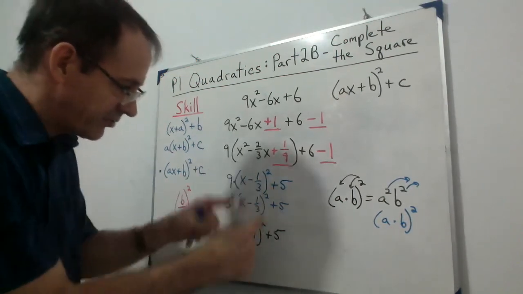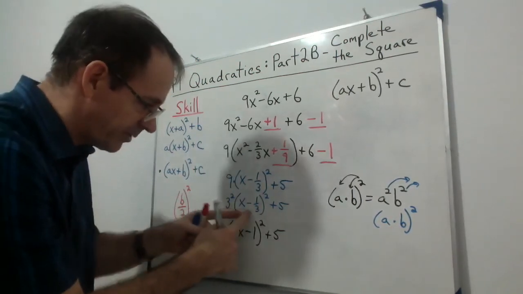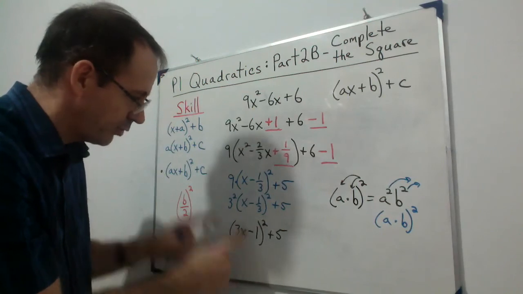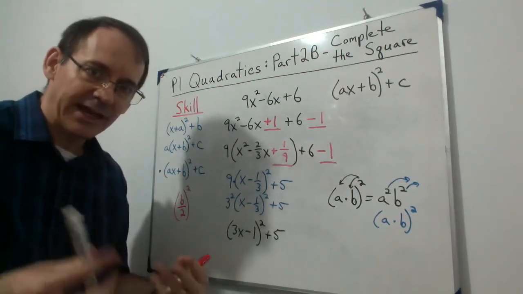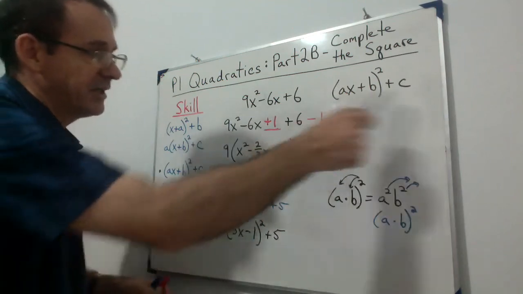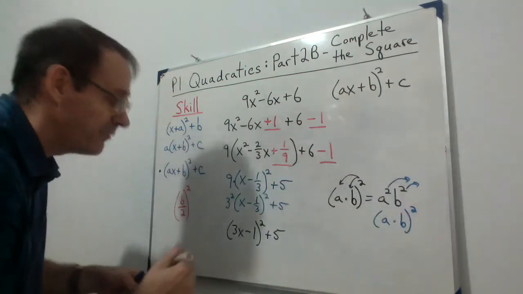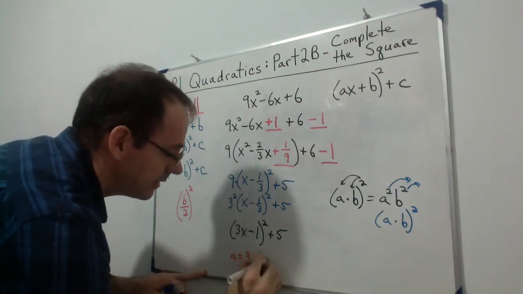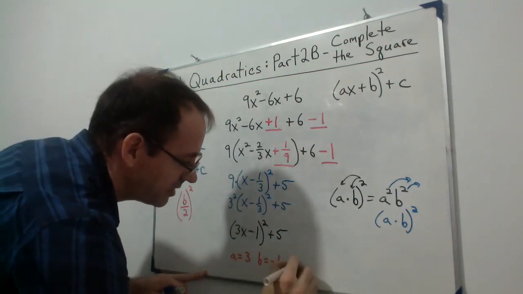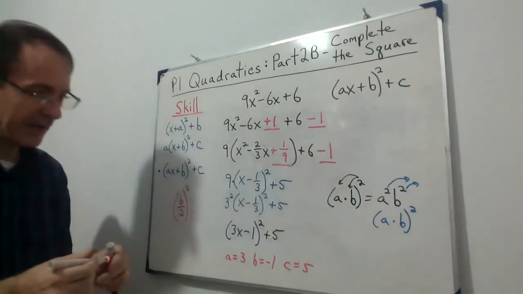So we're undistributing the square, but we're distributing the multiplication through. 2 extra steps. Just adds a little extra work on your part but you can get the answer. Now we have A equals 3, B equals -1, and C equals 5.